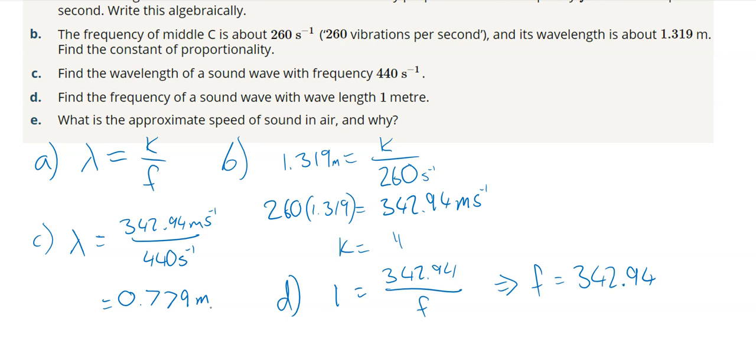So if they're 1 meter long, yeah, a bit of physics. So that's the speed of sound, about 343 meters per second.